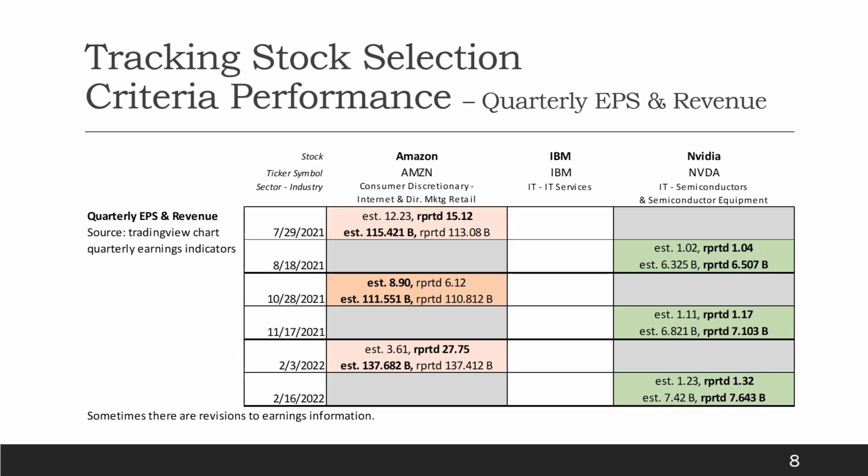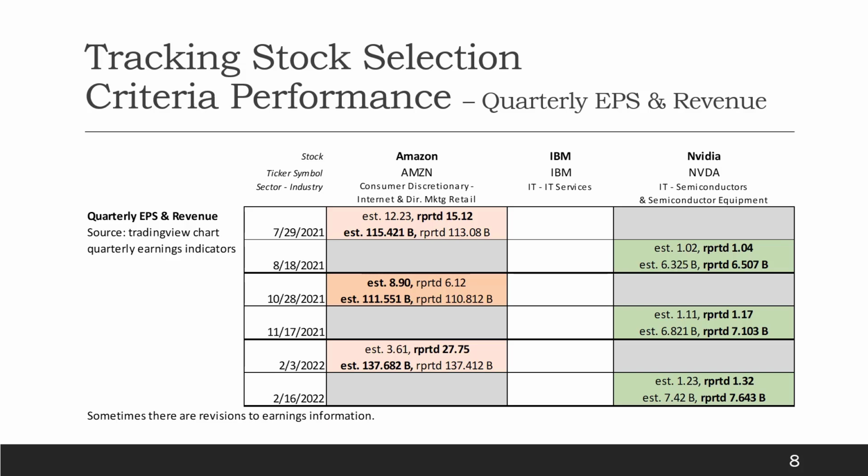In Excel, I entered the quarterly earnings per share (EPS) estimate and reported. Then I held down the Alt key and pressed Enter to then enter the quarterly revenue.